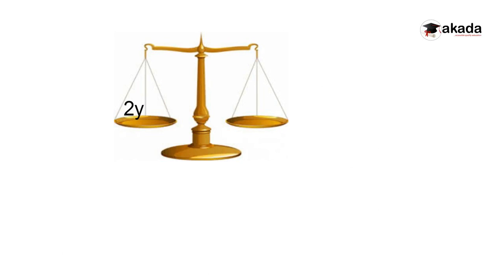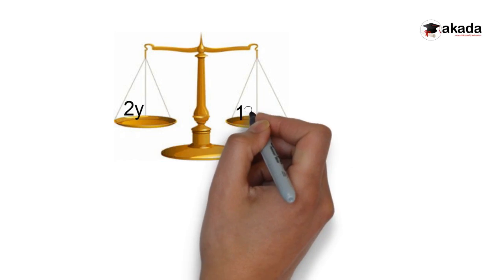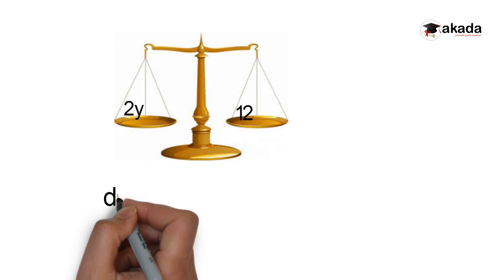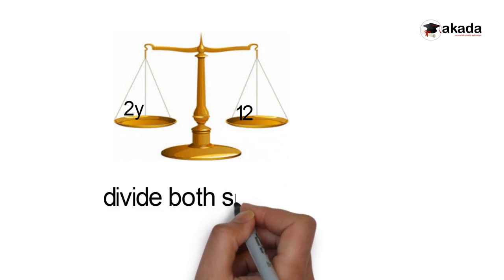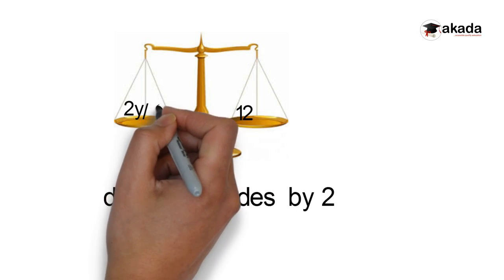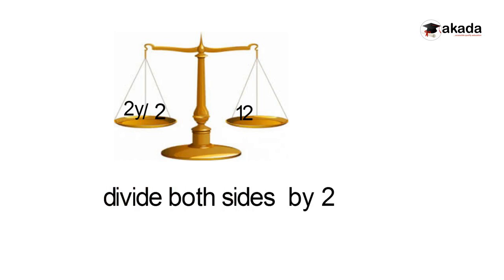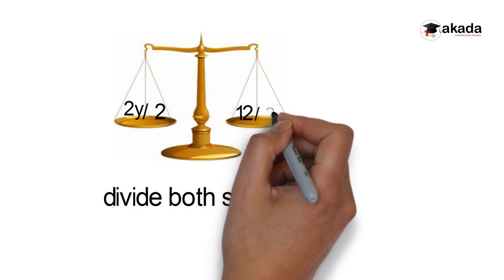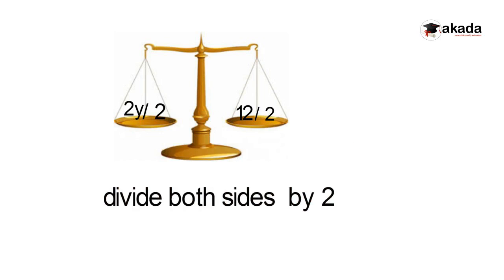So what do I do? I divide both sides of the equation by what? By 2. So I divide by 2. So I have 2y over 2, 12 over 2.